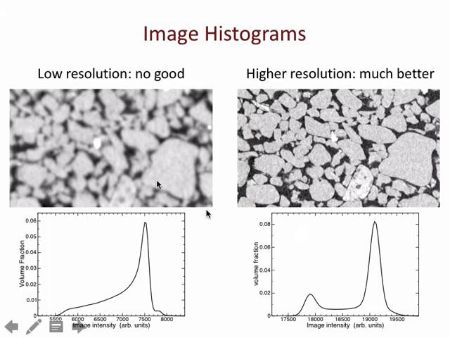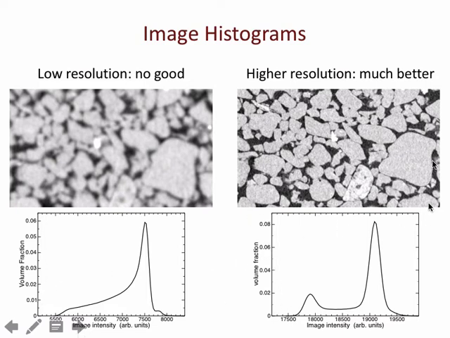Now, image histograms will often point this out. We already made this point, but it will point out whether you need to do some filtering. So obviously here, my eyes are seeing two populations, but when I look at the histogram, some of it is smoothed out, which means that there's quite a bit of blur in the image and the resolution wasn't good.